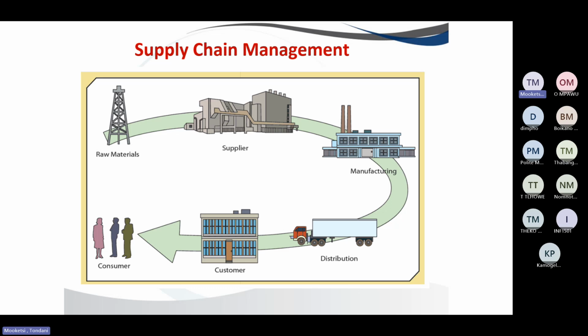So then you as a consumer, you will go to a shop like Pick and Pay or ShopRite, you go and buy a packet of chips. But there is a lot that happened in the supply chain for that packet of chips to get there. So this is what supply chain means in simple terms.